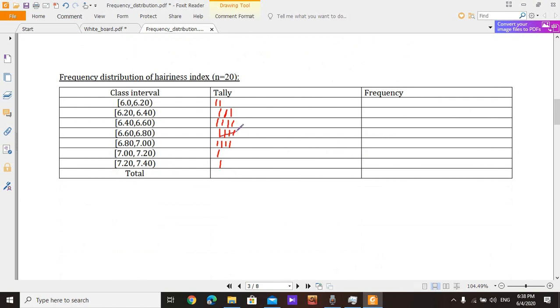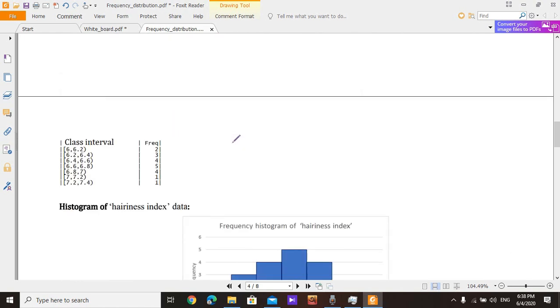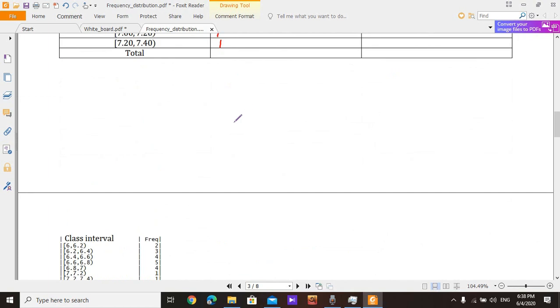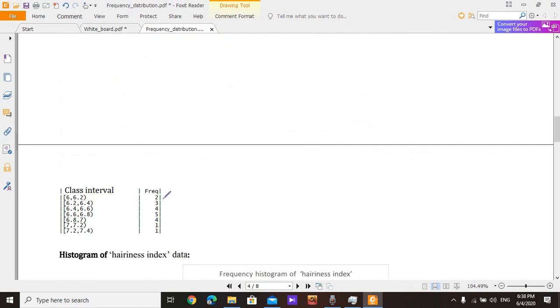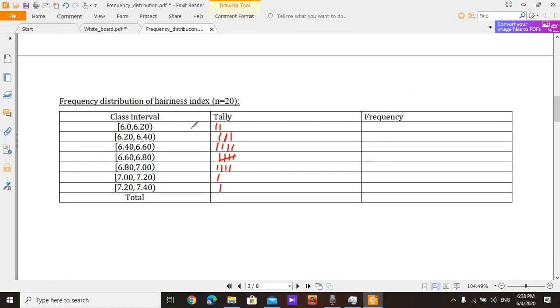We have 5 as a frequency here, so we add a cross line. After completing this, we count it. So this frequency is 2, this is 3, this is 4, this is 5, then 4, 1, 1.